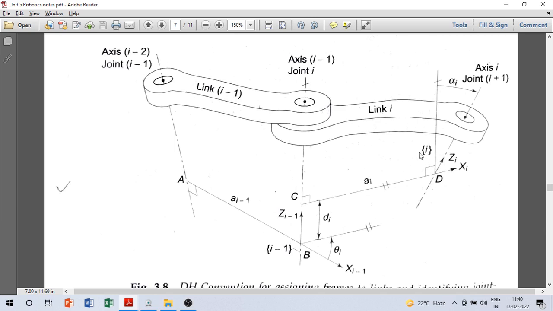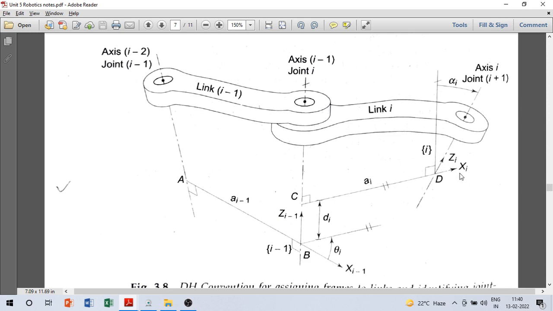Let us look at the assignment of frame i here. It will be assigned at the distal end of link i. First of all, you assign z_i, which will be just along this axis i. So z_i is along this.